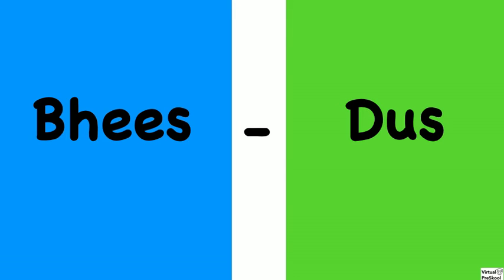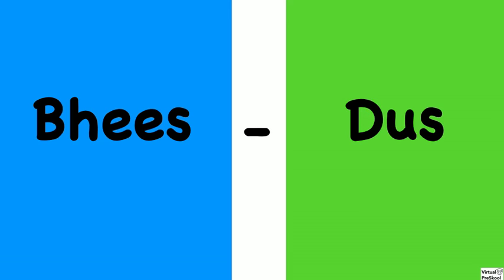Okay, next one. 20 minus 10. Now, what is 20 in Hindi? If you don't know, count it. 1, 2, 3, 4, 5, 6, 7, 8, 9, 10, 11, 12, 13, 14, 15, 16, 17, 18, 19, 20.